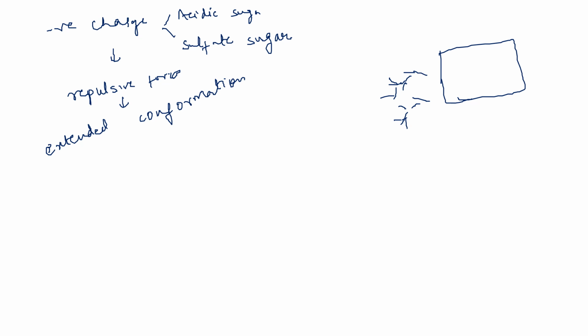Now we'll take some examples of glycosaminoglycans. The first example is hyaluronic acid. Hyaluronic acid, first of all, gives a gel-like appearance. It is the simplest glycosaminoglycan.